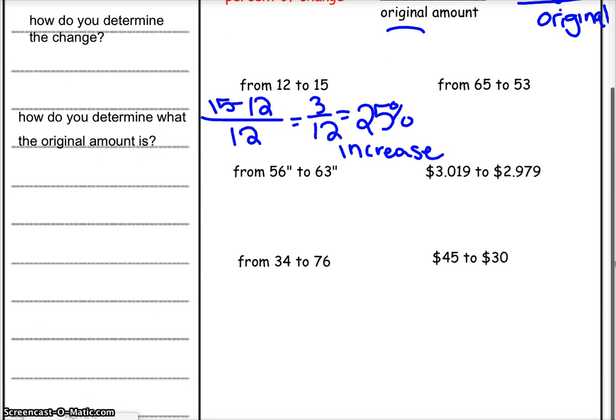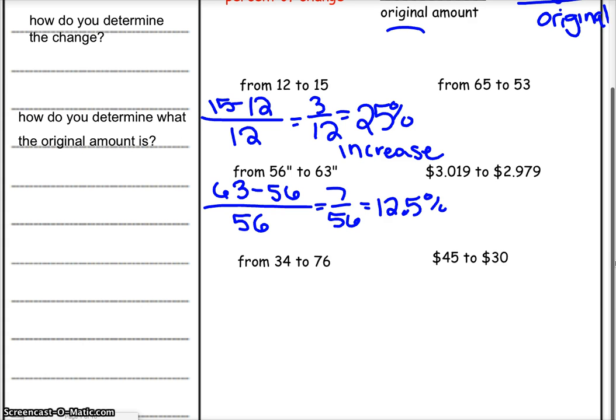So let's say you grew. You went from 56 inches to 63 inches. What percent did you grow? 63, so the big number, take away the small number, over the original. Where did you start? You started at 56 inches. 7 over 56, turn that to a percent, and that's 12.5%.